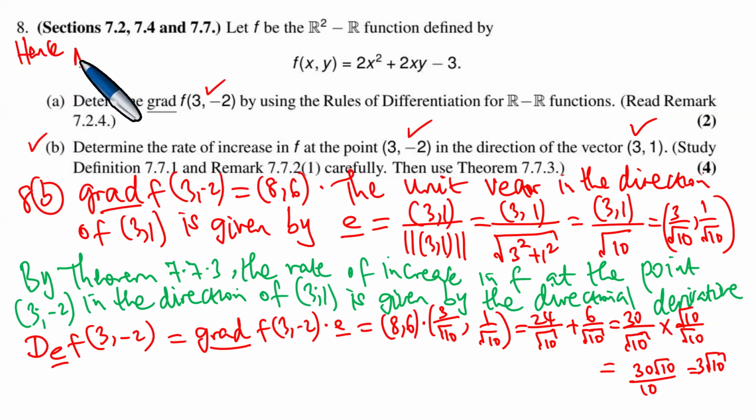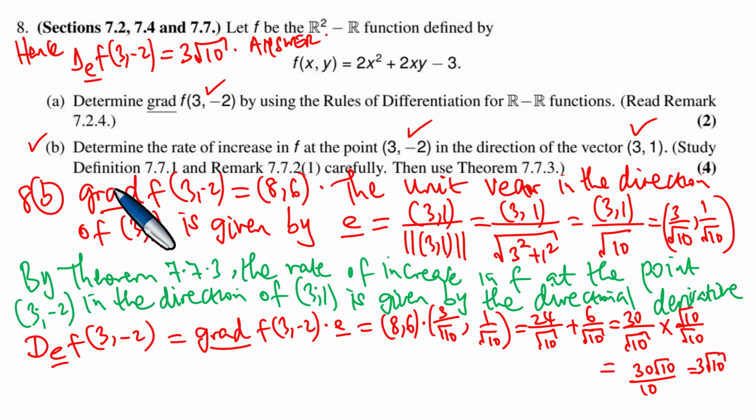Hence, the directional derivative in the direction of e of f at 3, minus 2 is 3 times the square root of 10. So this is the answer. The question was to determine the rate of increase in f at the point 3 and minus 2.